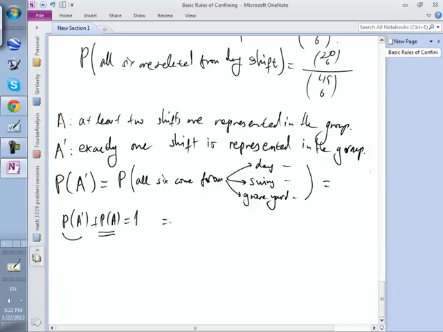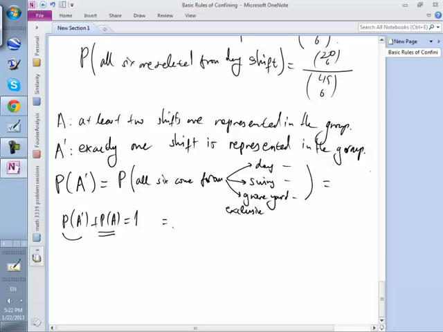Are they exclusive or not? If a worker belongs to 1 shift, because the shifts are non-overlapping hours or non-overlapping time segments, a worker cannot be in both shifts, okay? So those are exclusive events. So since those are exclusive events, I can add their probabilities.